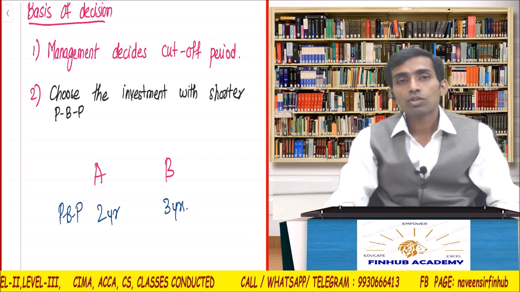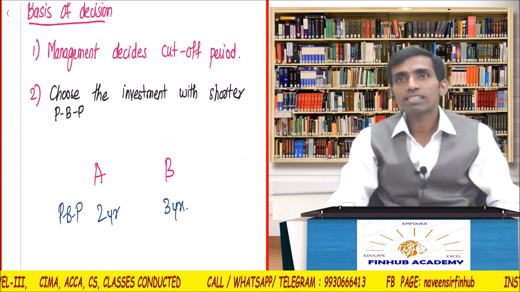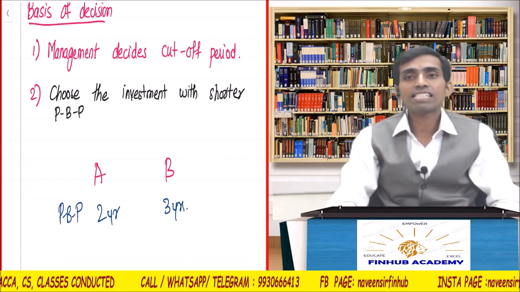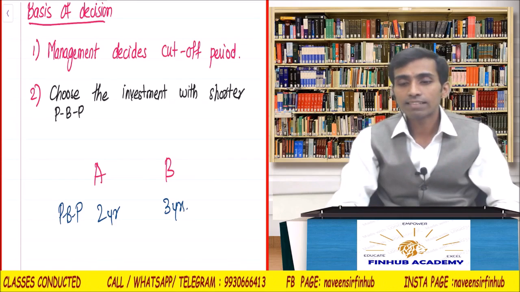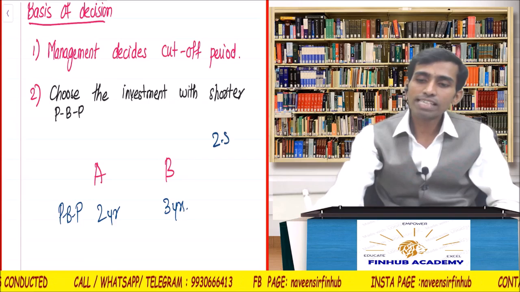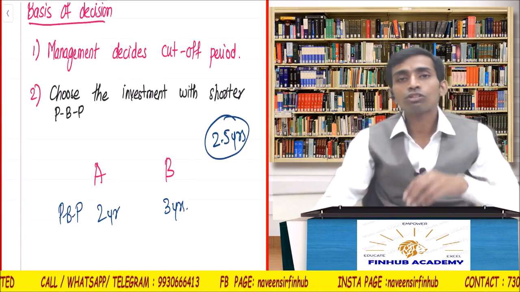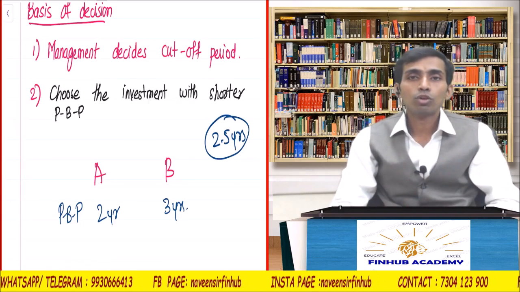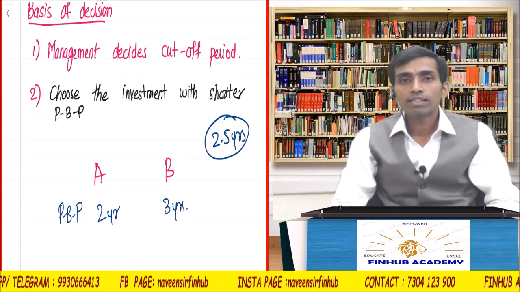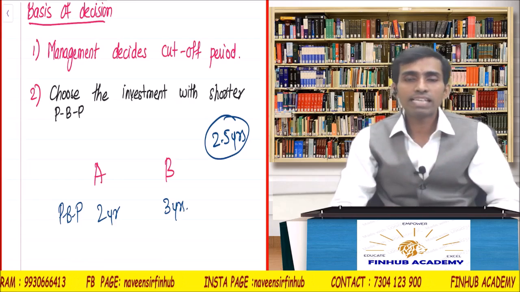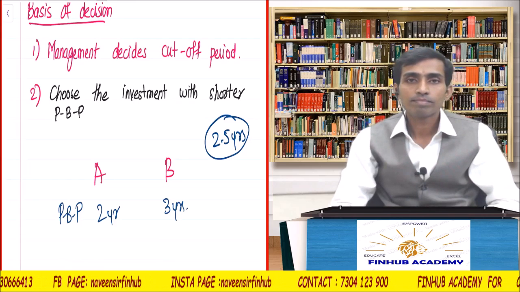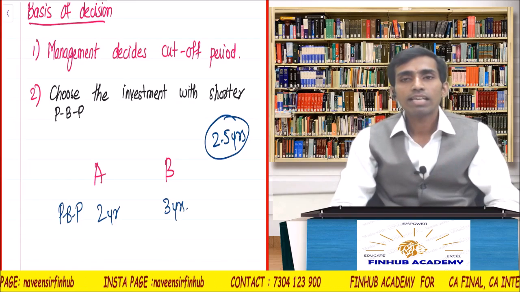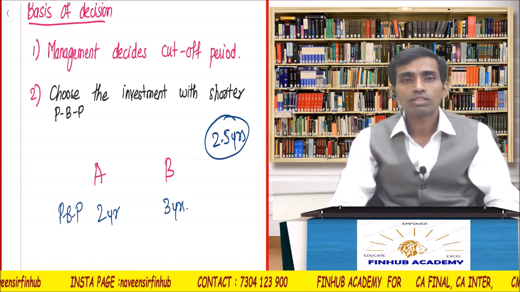Now if the management has decided that 2.5 years is the cutoff, meaning you should not accept a project which has a payback period of more than 2.5 years, will B be selected? No. You will select which project? A.